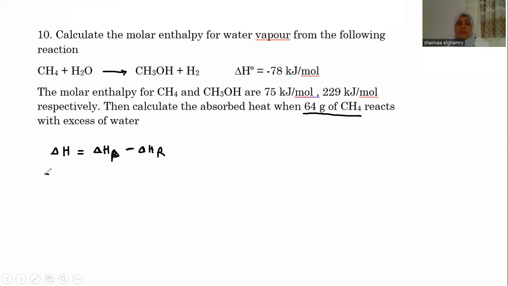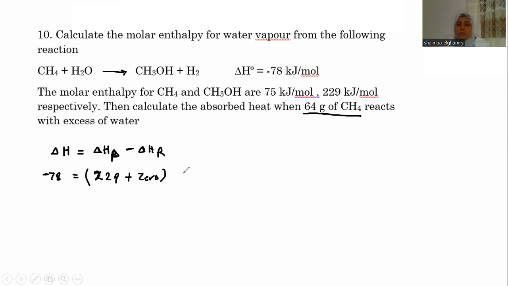Delta H here is negative 78 equals delta H of product, which are H2 plus CH3OH. CH3OH, its delta H is 229. Plus, for hydrogen, because it's an element, it will be 0.